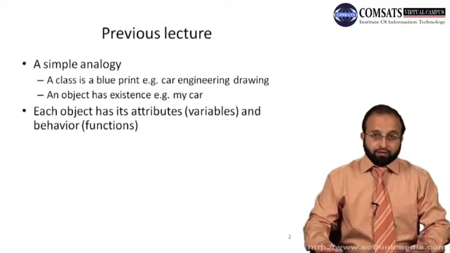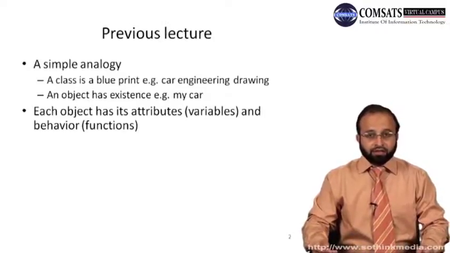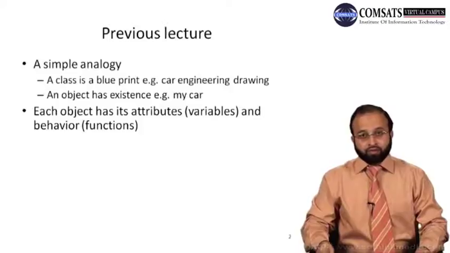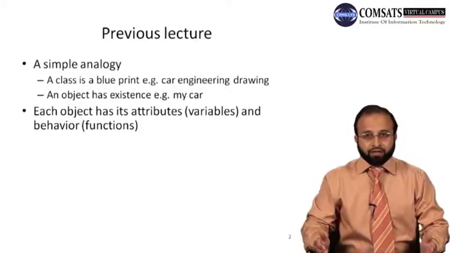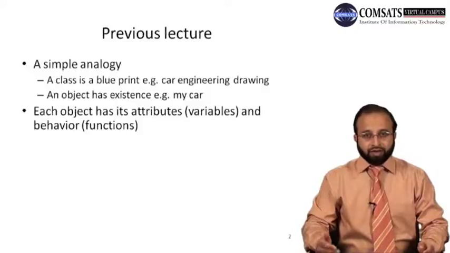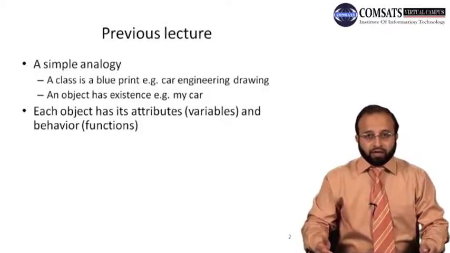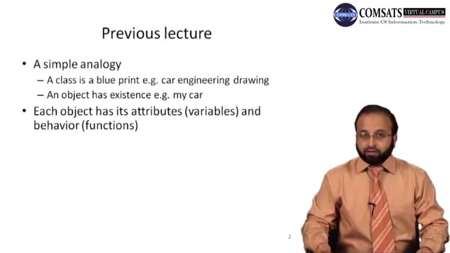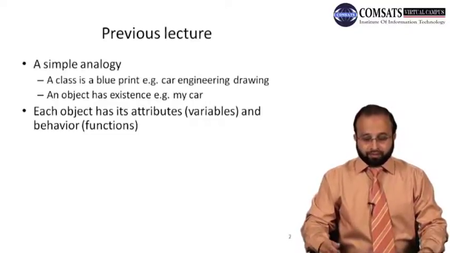So the analogy we have seen in the first lecture, we said that there is a car engineering drawing, a very comprehensive drawing or design that shows what the different functions or the behavior of a car are. If we build a car using that design, we get an actual car, and that car is the object of that car engineering drawing class, we can say, right?